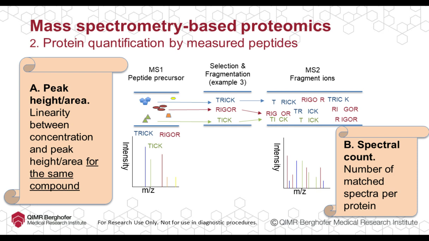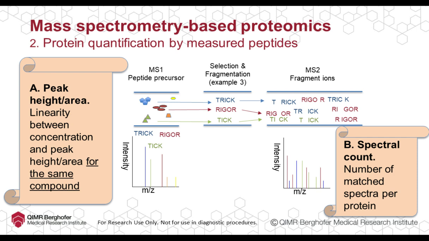An alternative way is to use the spectral count, so the number of spectra at the MS2 level. Based on what I explained earlier, due to the stochastic selection of the MS1 peptides that get fragmented, this possibly is slightly less accurate than using the peak height or area, because some of the same peptides may not be selected, because they may not be, for example, the top 20 at that particular retention time for every single sample that you run in your 100 sample cohort.